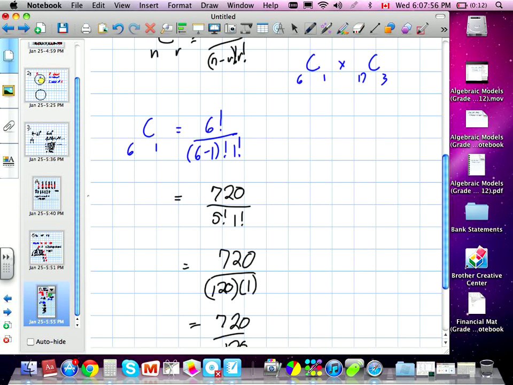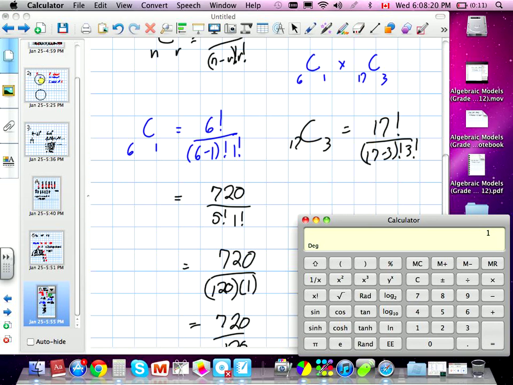I got 680. 680? Okay, let's double check. What did you get for 17 factorial over 14 factorial times 3 factorial? Let's try to simplify this a little. We'll do the bottom part first, that way we don't have to write it all out.